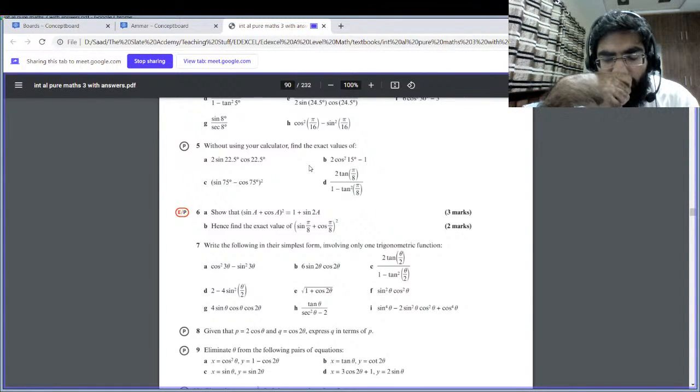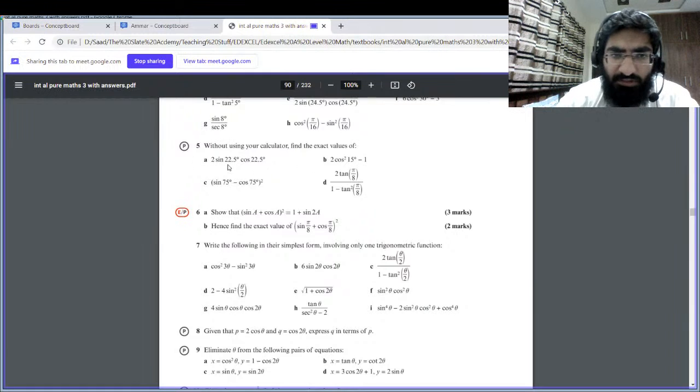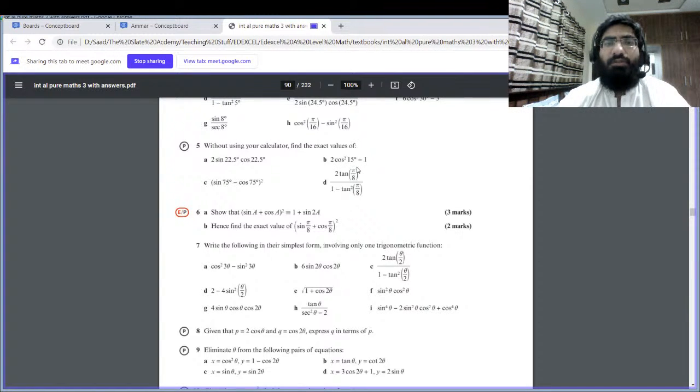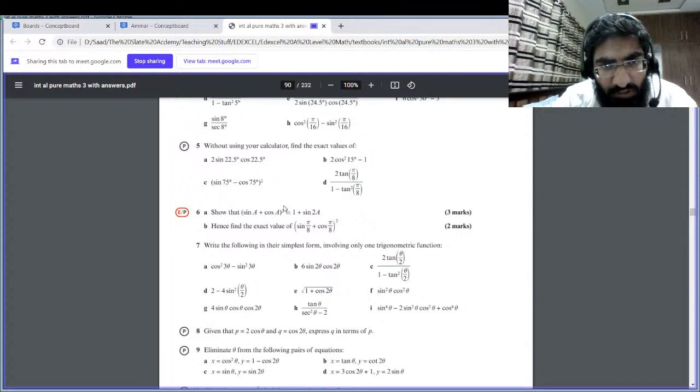Okay. Which fifth, without using the calculator? Exact value, exact value. How do you do this? Which ones do I have to do? So roughly speaking, the first one would be sine 25. It would be 2 cos squared a minus 1. It would be cos 30. Sine squared a minus cos squared.